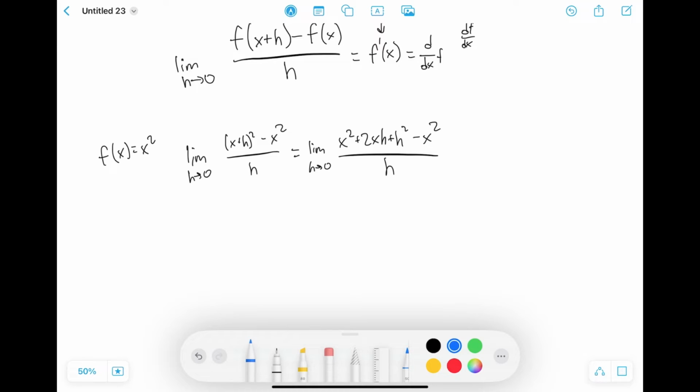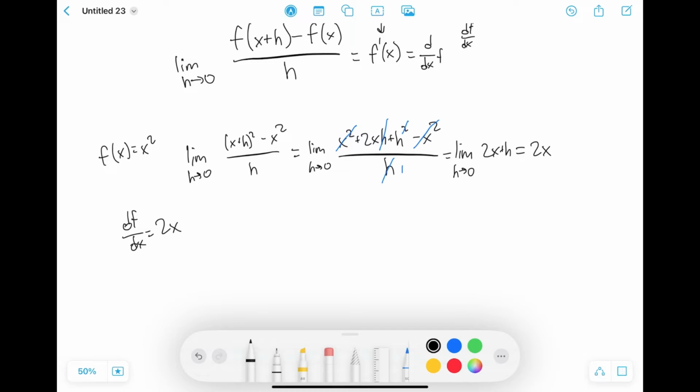And then, because of the canceling we can do, we can remove this x squared and this minus x squared. This h can divide this and this out. And we're going to end up getting the limit as h approaches 0 of 2x plus h, which is just equal to 2x. So therefore we can say that df over dx is equal to 2x.